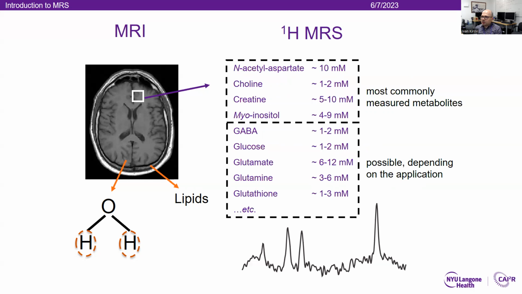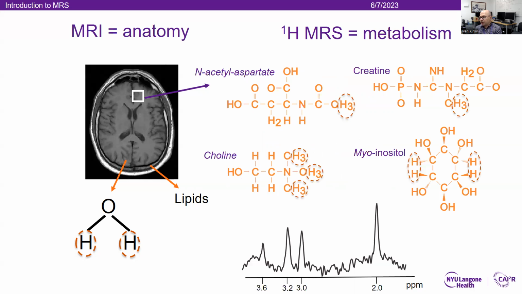When we apply these criteria, we end up with a short list of about 4 or 5 metabolites that we can see. These are the most commonly measured ones. Another 5 or 6 can also be obtained with more complicated experiments. Let's concentrate on the 4 most common ones that form the well-recognized spectrum of the brain, an example of which is shown at the bottom.